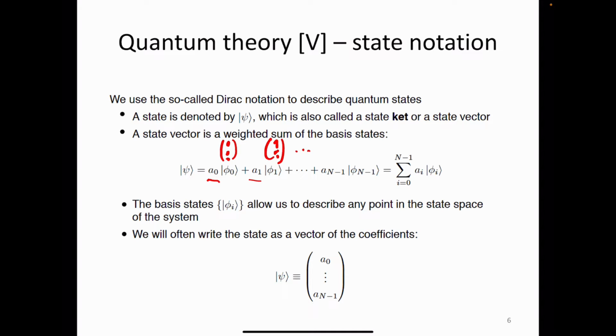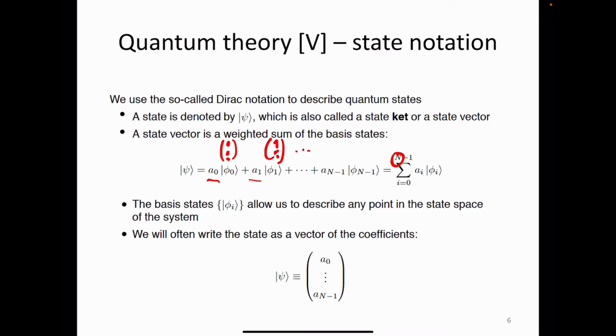So all in all, these probability amplitudes for n states, the squared amplitudes, must sum to unity. That's one of the conditions, because it's probabilities that we're talking about, so it can't sum to 1.2 or more or less. It must always be 1, so they must sum to unity. The basis states allow us to describe any point in the state space of the system. And as I just said before, we'll often write the state as a vector of the coefficients. Okay?